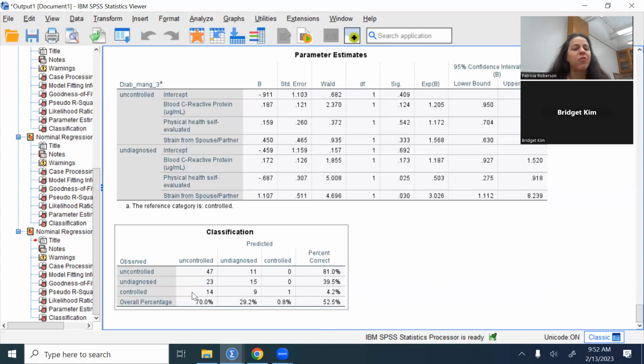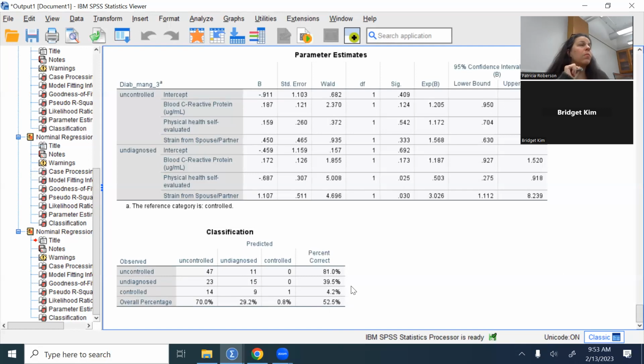How are we doing just individually with that group? That 4.2%. Really bad. The uncontrolled group, we estimate really, really well, the 81%. The undiagnosed, we do okay, but for the controlled group, we're doing really poorly at figuring out who belongs to that group.